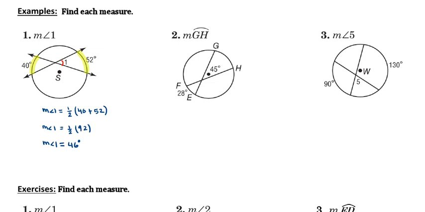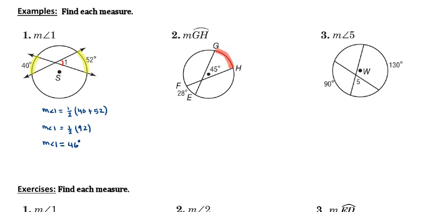In number 2, we don't have to find the measure of the angle, but we have to find the measure of arc GH. So we need to find the measure of this arc.